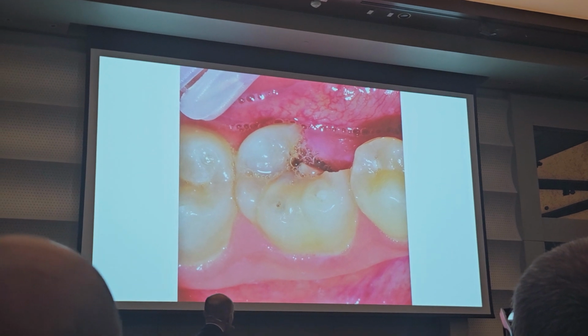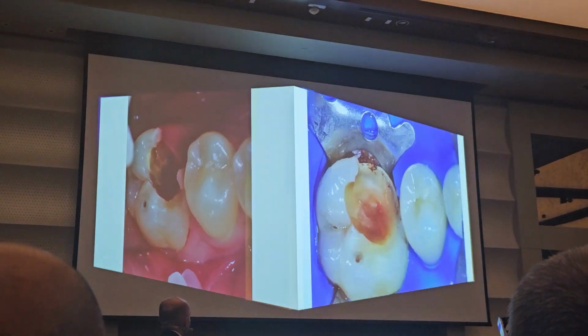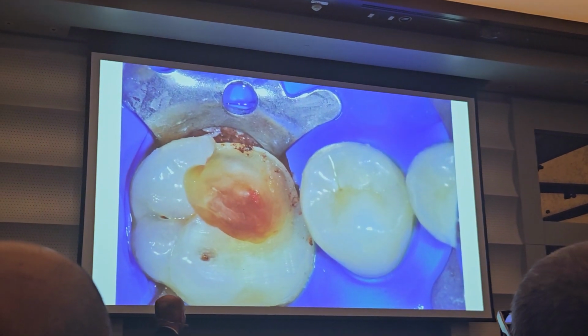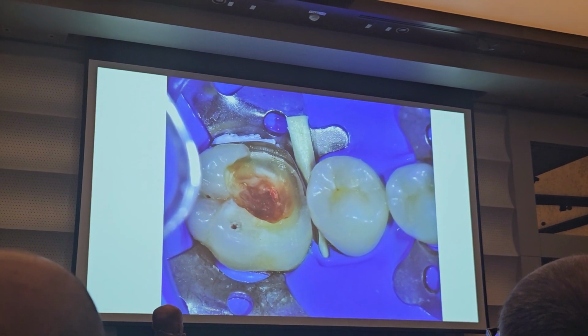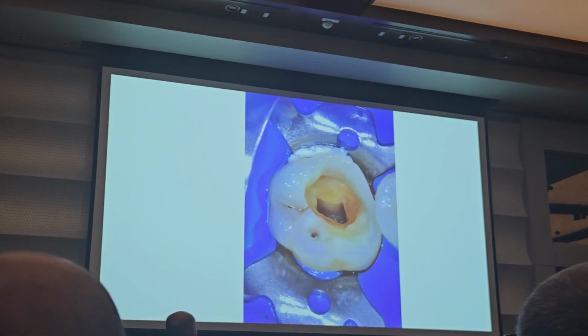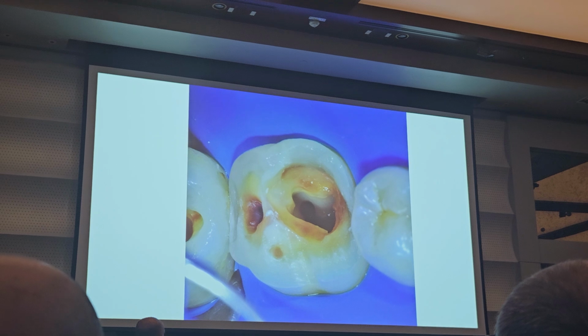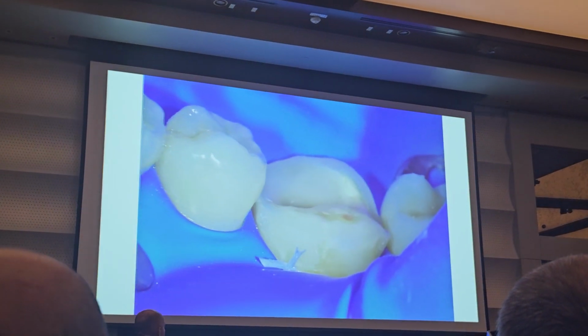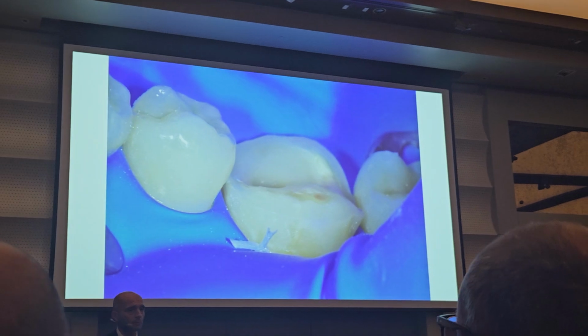In this case, I do the root canal treatments in this part of the mouth. I did a so-called deep margin elevation. And then I prepped my flat onlay, without any form of resistance.